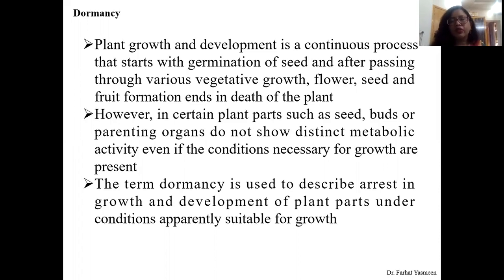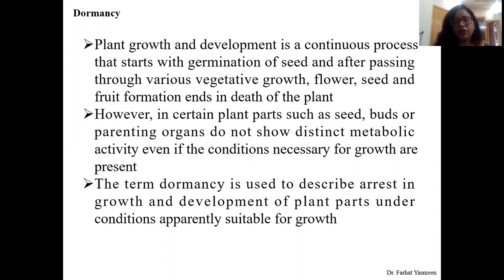So why is there dormancy? Because there are some unfavorable conditions, which we will discuss in detail later in the lecture. This process initiates when there are unwanted or unfavorable environmental conditions, which are necessary for the growth of the plant.